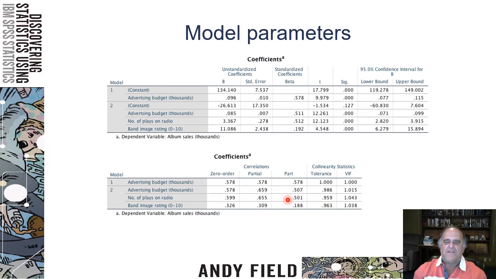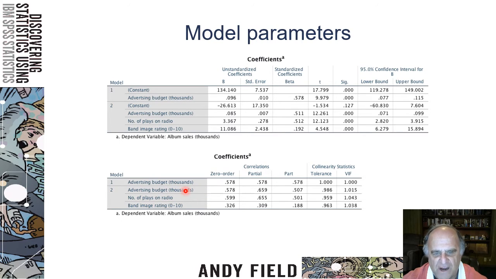And of course, these are used to determine what variables to load into the regression equation, and are also used in determining the increment associated with that dependent variable. So it's giving us our partial and our part correlations. Of course, for our first model, there's no variables other than the advertising budget, so the partial and part correlation are all the same as the 0 order.